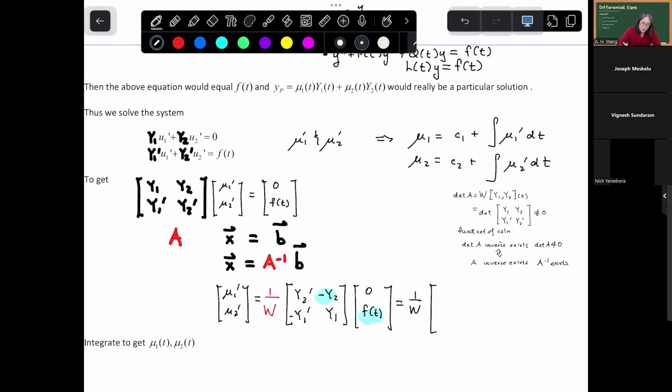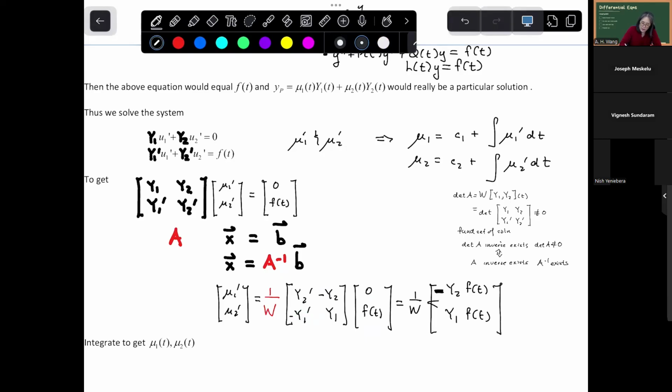So always remember the first is minus y2 f of t. And then let's do the next one, row column. But look at that, 0, so it's y1 f of t. So notice that the y2 comes first, f of t, and notice that there is also a negative right here.